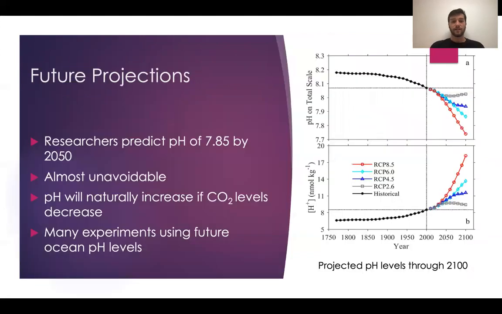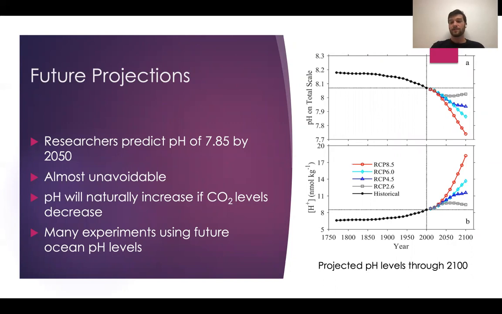And the next slide, these are future projections for what the ocean may look like pH-wise. I'll explain first the graphs, then I'll go into more detail. This top one here is the pH of the ocean.